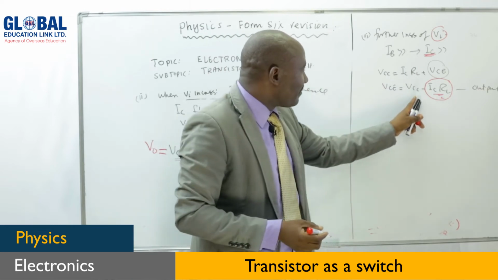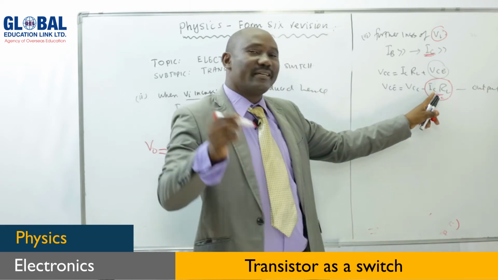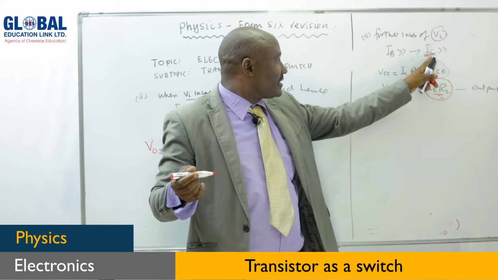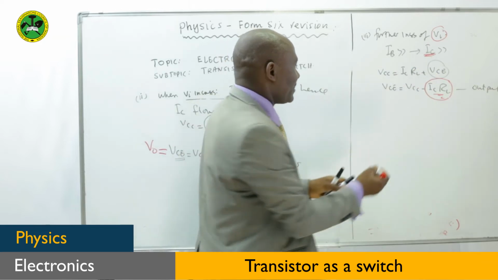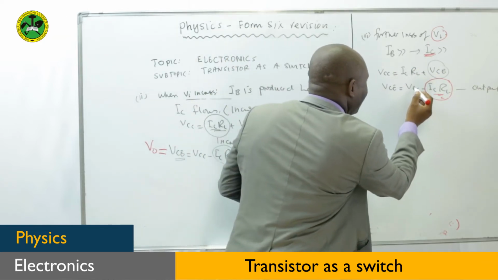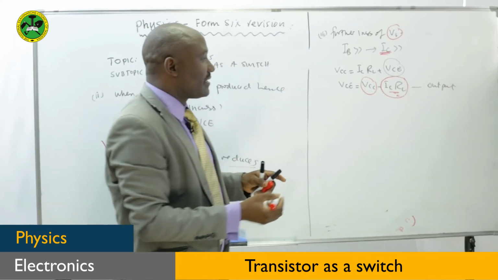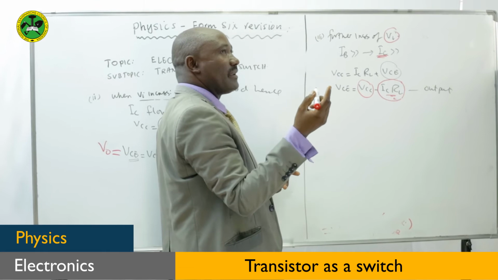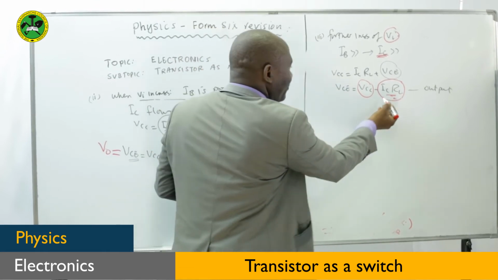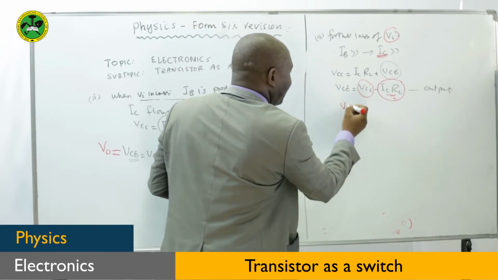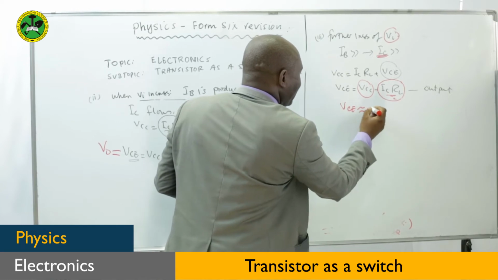That happens when this current has increased. So the VCC and the voltage across the collector resistor, the load resistor, approach each other. As a result, VCE is approaching 0.